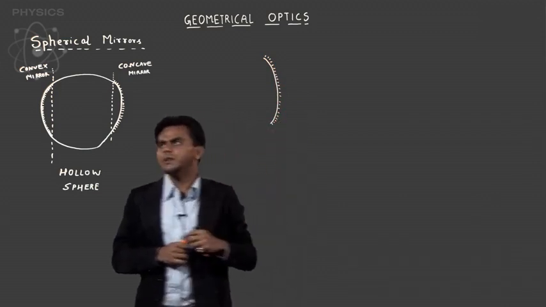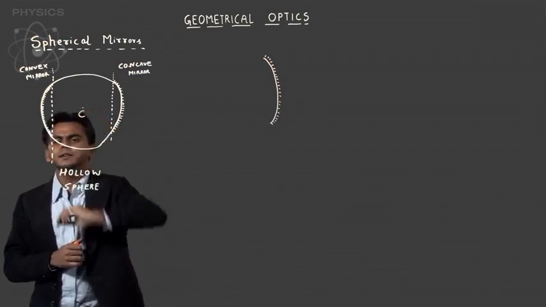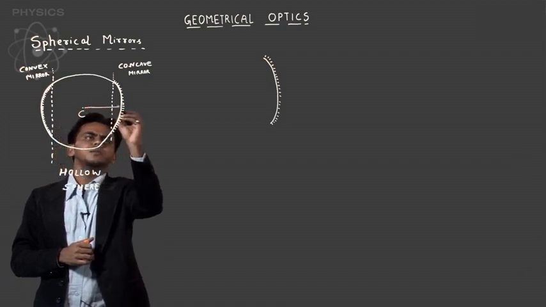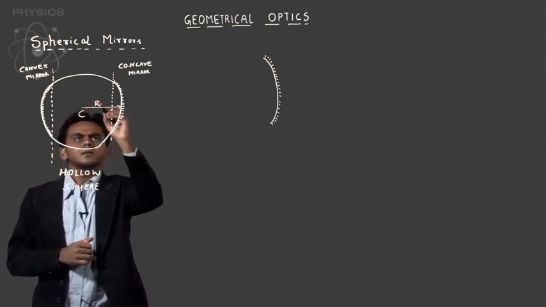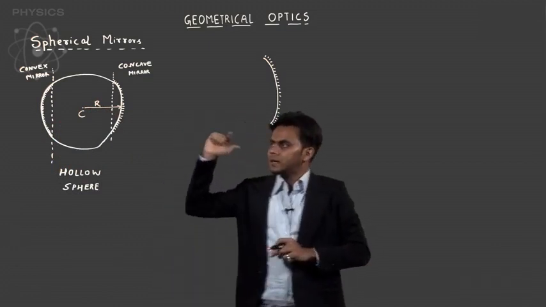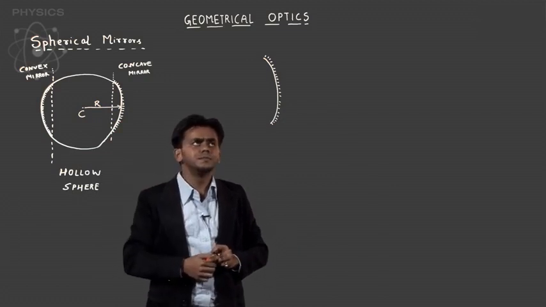So that hollow sphere must be having a center and a radius of curvature. So even this concave mirror would be having that same center and that same radius of curvature.